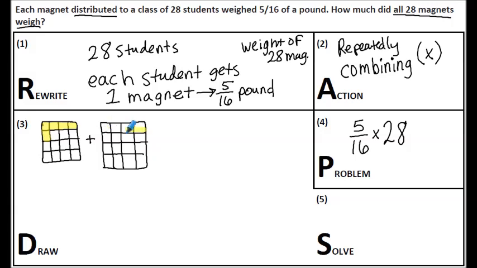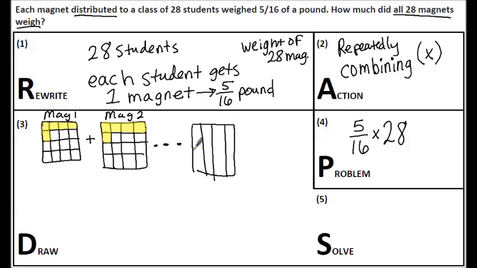So we see that the first magnet weighs 5/16 of a pound, and the second magnet weighs 5/16 of a pound, and every magnet up to that. So we have magnet 1, magnet 2, and I'm doing some dots to show that there's a lot in between there, but all the way up to the last magnet, or magnet 28, that was given to the 28th student, they will all end up weighing 5/16 of a pound.